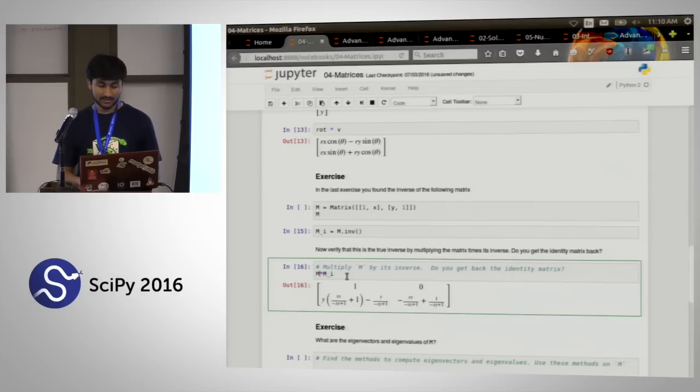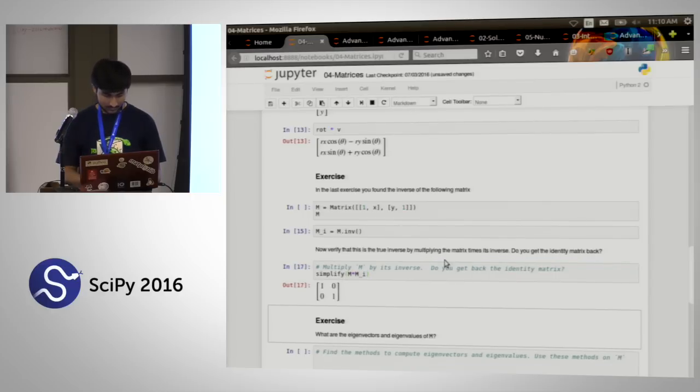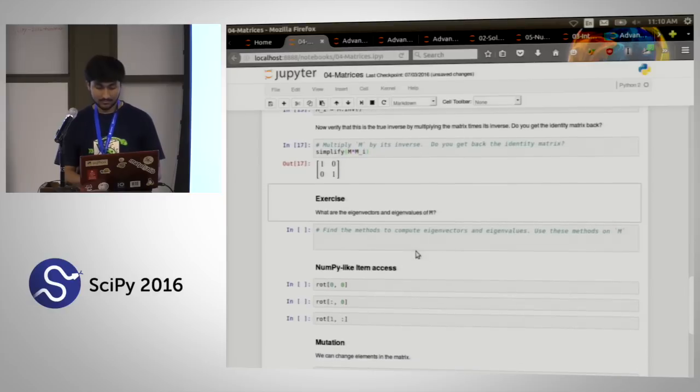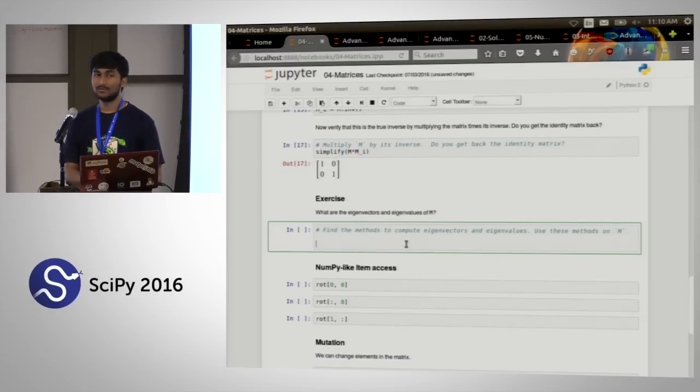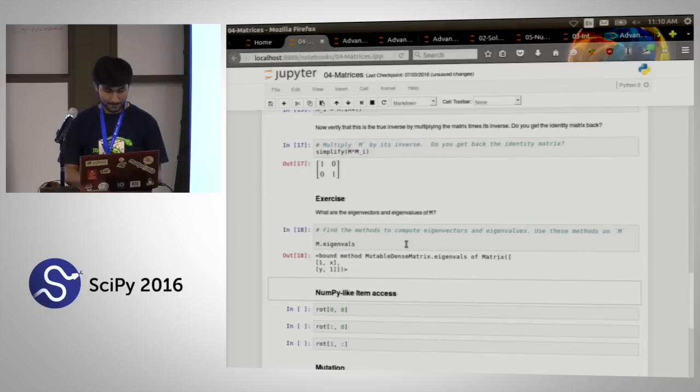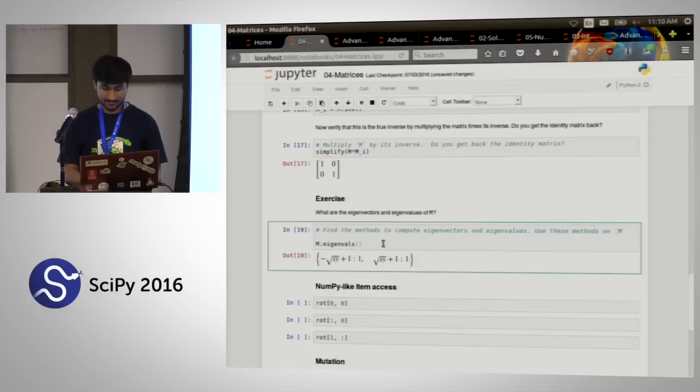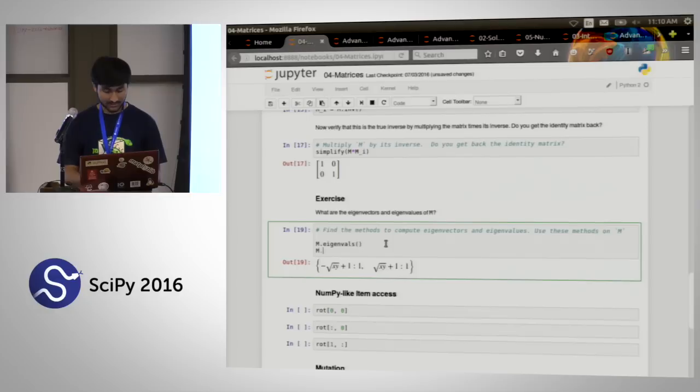So you need to simplify it to get the identity matrix. Next, find methods to compute eigenvectors and eigenvalues. So these are the eigenvalues of M. And of course, you can do the same for eigenvectors as well.